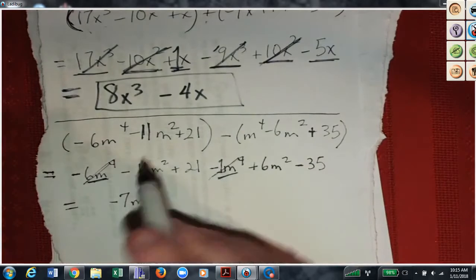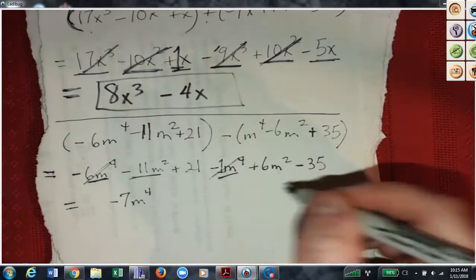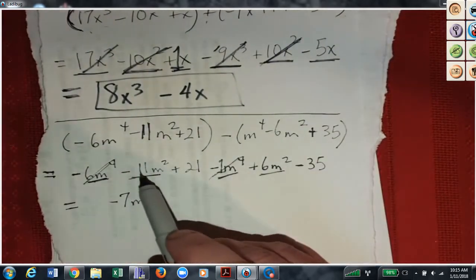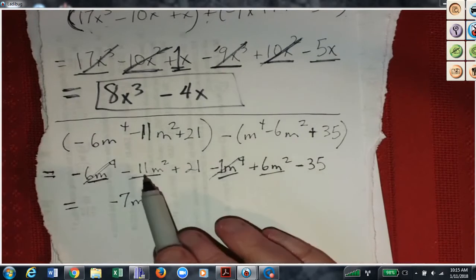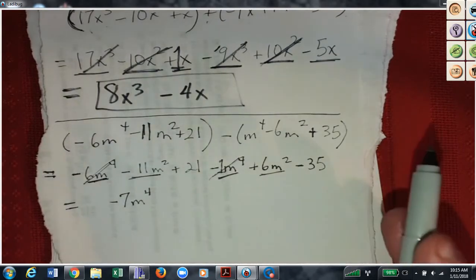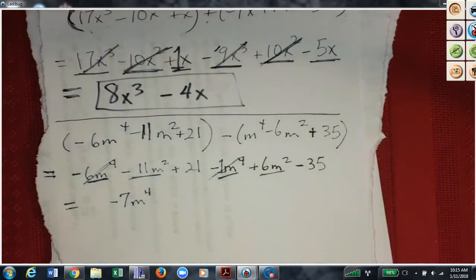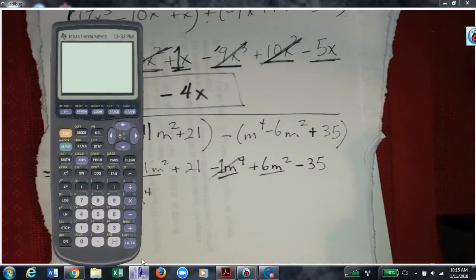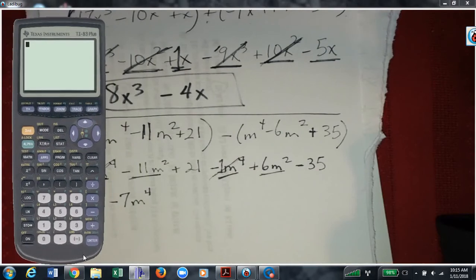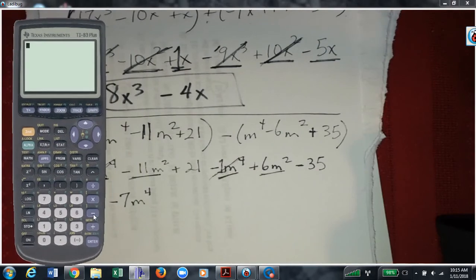And then I have some m squared terms here. Negative 11m squared plus 6m squared. Well, negative 11 plus 6 is going to be negative 5. And if you wanted to check that on a calculator, if you want to do the negative symbol, we don't use the subtraction symbol.